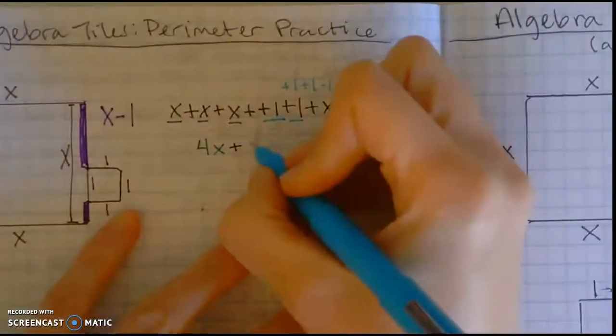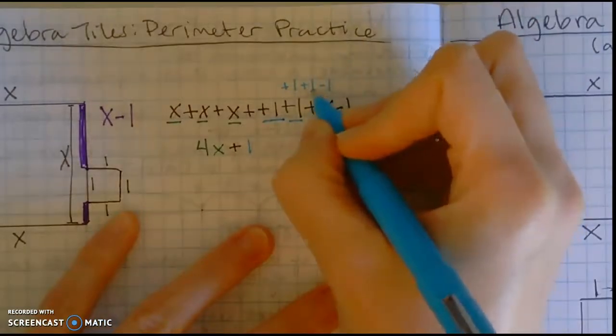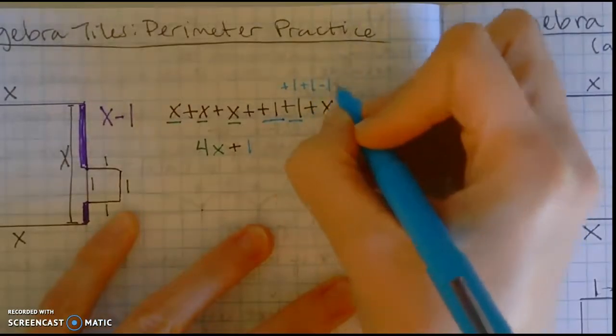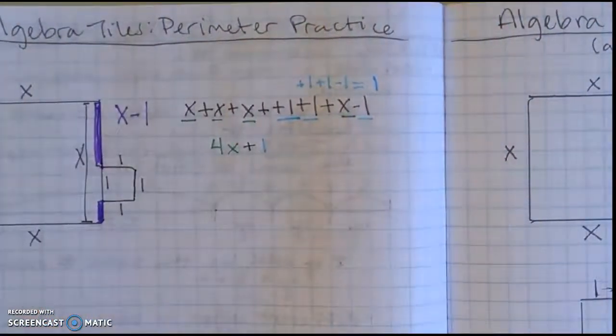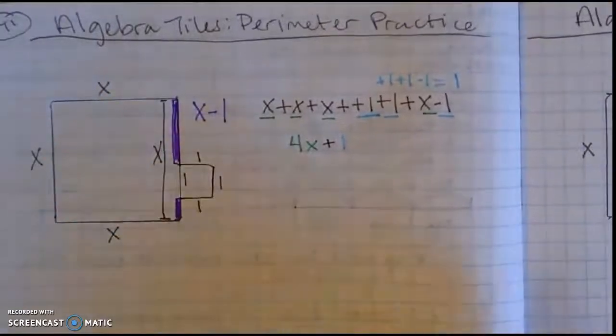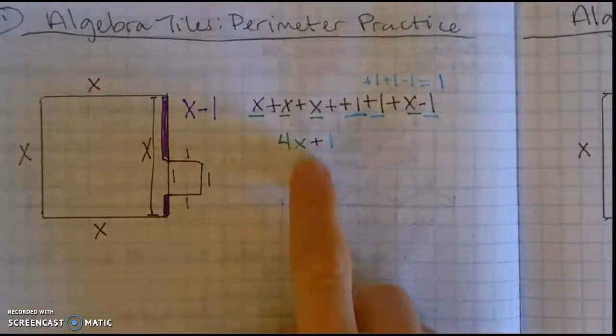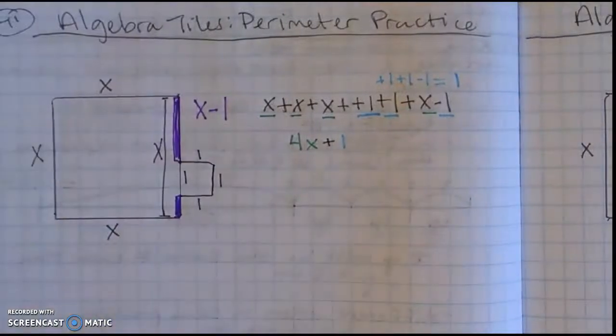If you're like, wait, why? So positive 1 plus 1 is 2. 2 minus 1 equals 1. Okay? So now my expression, or my perimeter, for this shape is 4x plus 1. Okay? All right.